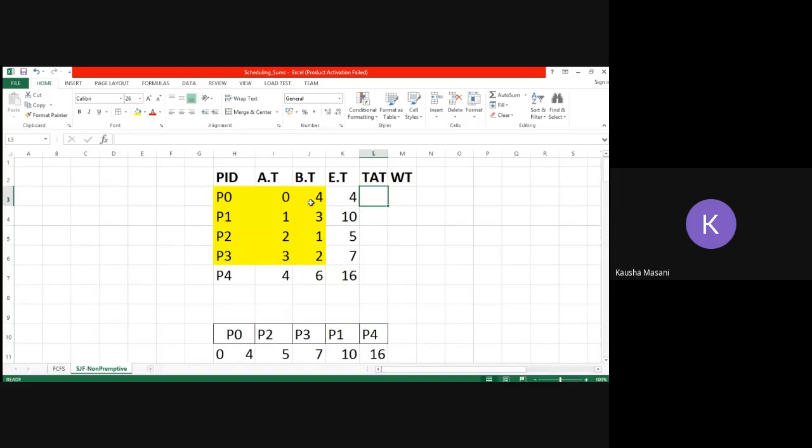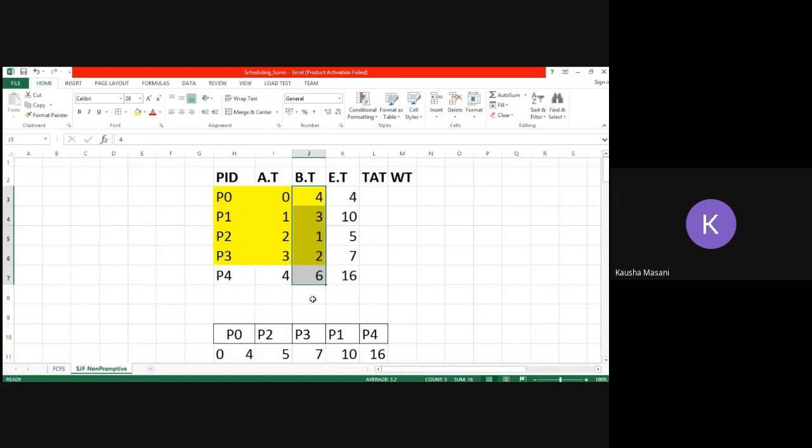That should get tallied with the last execution time. The execution time of the last one is 16, and the total time the CPU is utilized by all the processes is 16. So if that is getting tallied, that means your answer is correct, or you can say you have prepared the Gantt chart correctly.